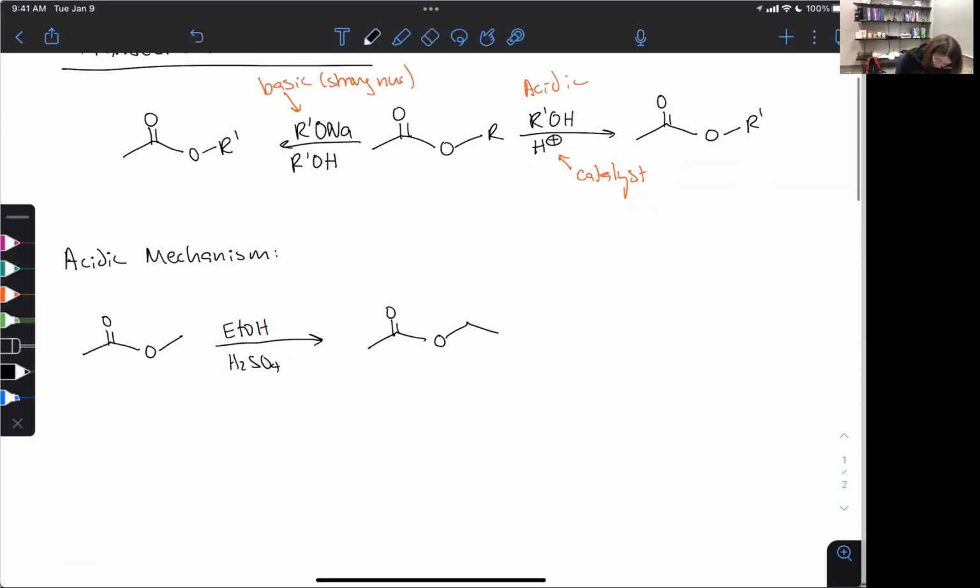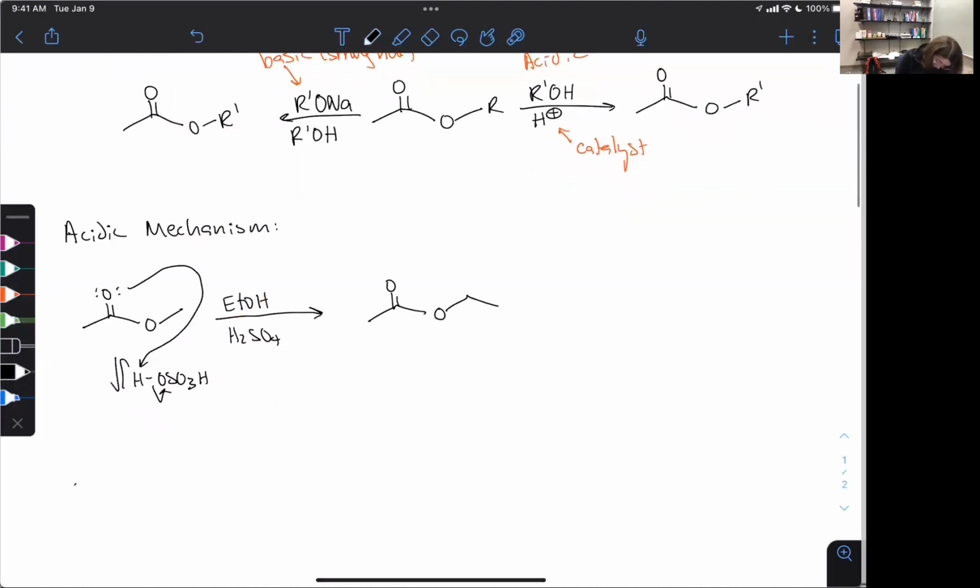So the mechanism for that, since we're in acid, our first step is going to be to protonate our carbonyl. Okay, now we have a good electrophile that we can have our nucleophile come attack.